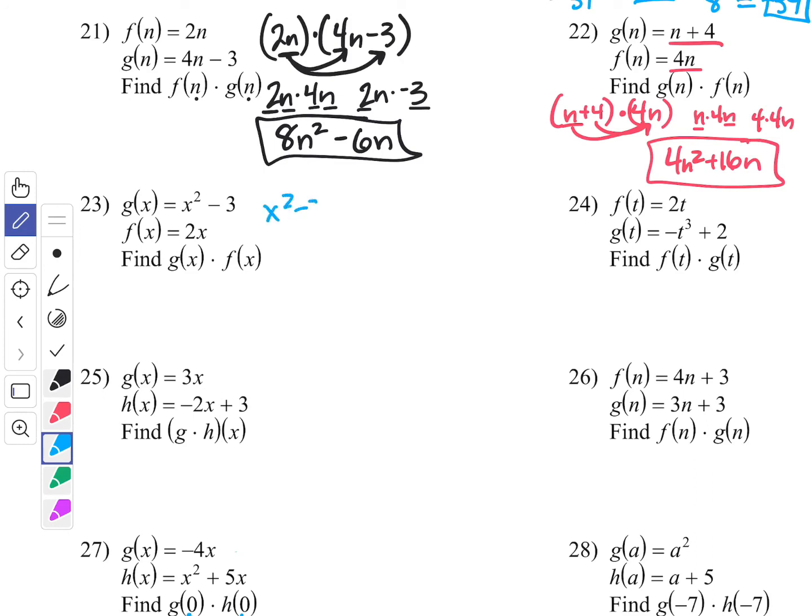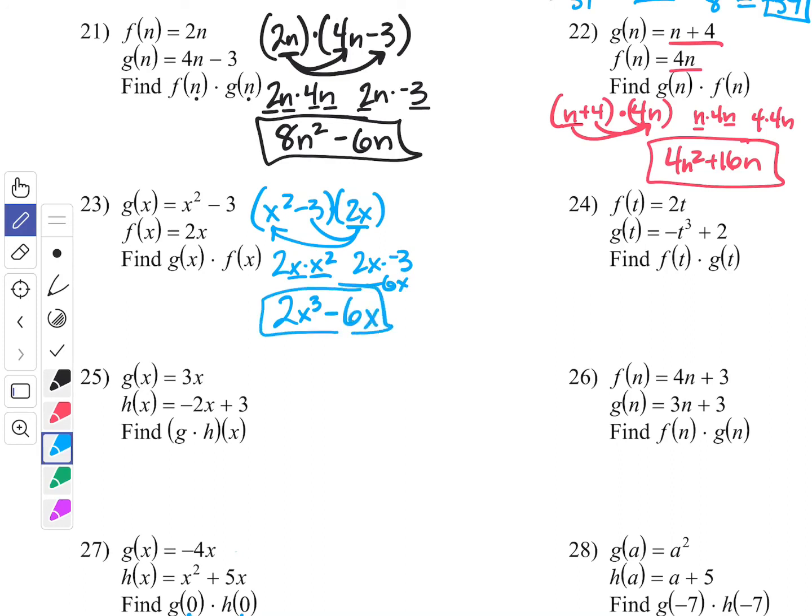Then 23, x squared minus 3 times 2x. So this 2x times x squared, 2x is a third x, so it's 2x cubed. 2x times negative 3 would give us negative 6x, so minus 6x. And we end up with it like that. 24, f is 2t times g, negative t cubed plus 2.